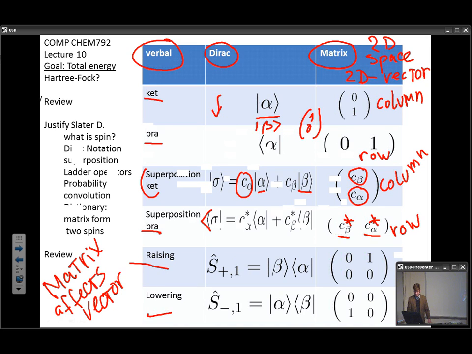The one that converts alpha into beta can be written as a 2 by 2 matrix with only a 1 here, and another one can be written as a 2 by 2 matrix with only a 1 there.